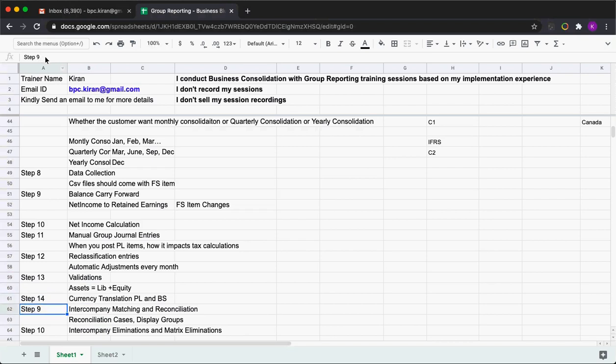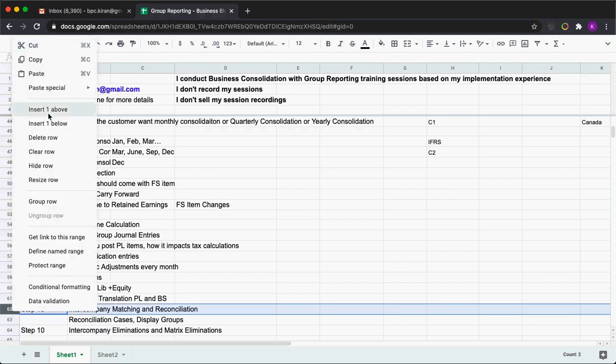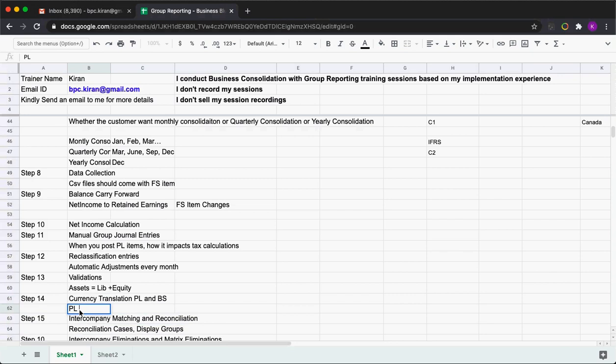Next important point you have to mention, currency translation, P&L and balance sheet. Remember here, when you are talking about currency translation, all the points you have to mention. When I am talking about P&L, all P&L expense accounts, all P&L income accounts, P&L uses average rate, average formula, and the difference goes to a separate account, the currency translation difference account.